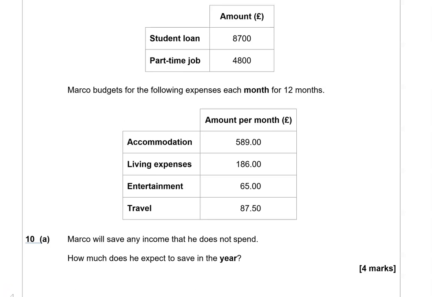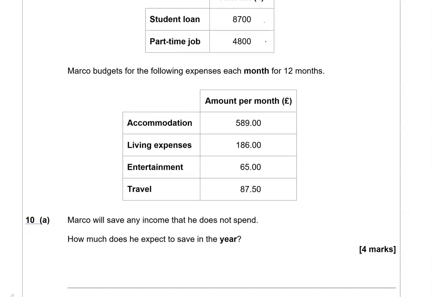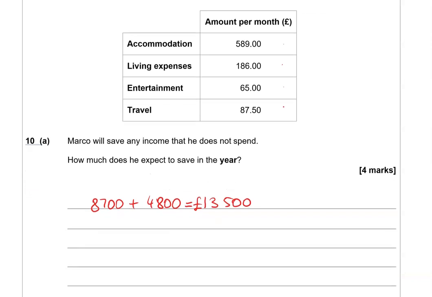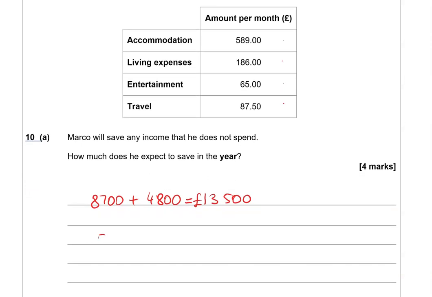So the income for the year will be 8,700 and 4,800. Adding these two together, we get £13,500. In terms of expenses, we've got these per month, so we're going to add them together and multiply by 12. So 589 plus 186 plus 65 plus 87.5 gives us 927.5.